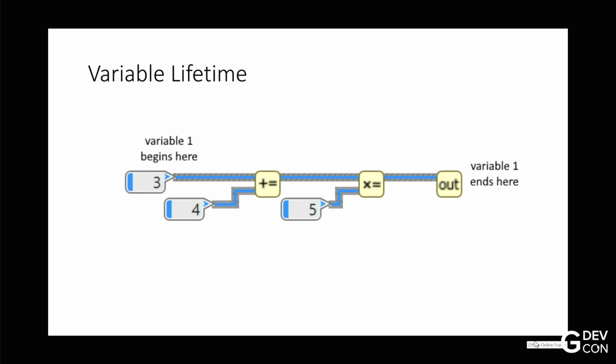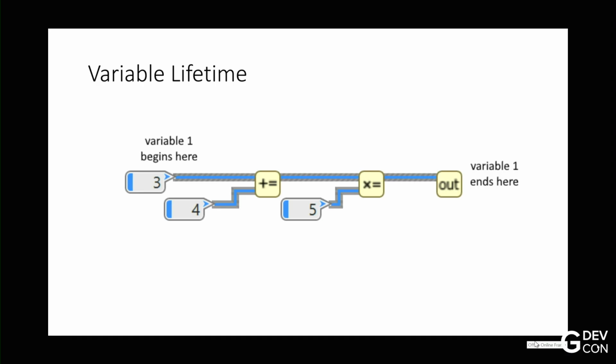Or things like a local variable, their lifetime is identified with the VI that they sit inside. So across all calls to that VI, you have a variable sitting there going along with it. Or with a global variable, the lifetime is associated with the whole hierarchy.